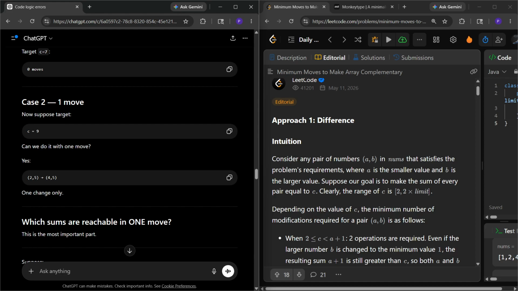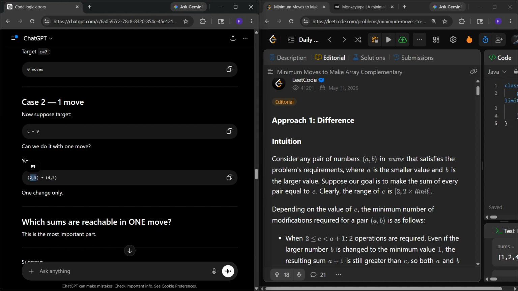Case 2 is a single move. Suppose C equals 9.